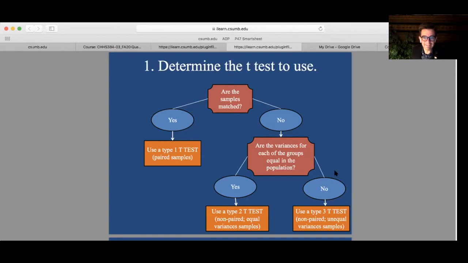I think a type 3 test would be the best one here. But we're going to conduct both, assuming equal variances and assuming unequal variances, because it's just a click on Excel. So we determined it's not matched, and we're going to do these two t-tests.